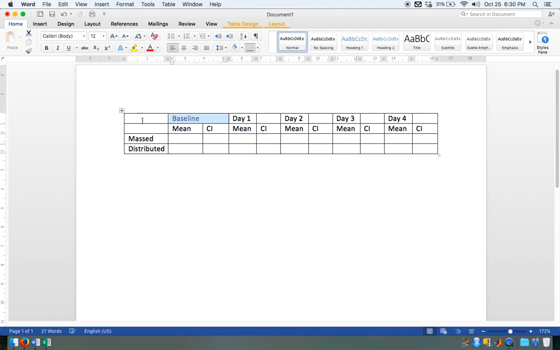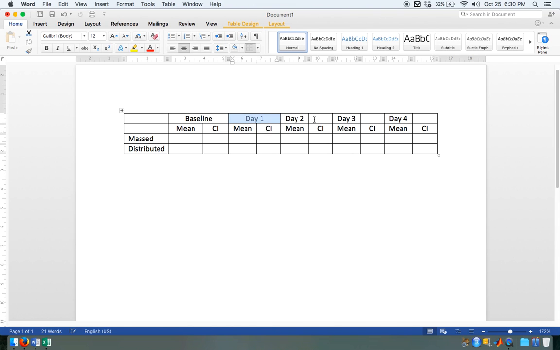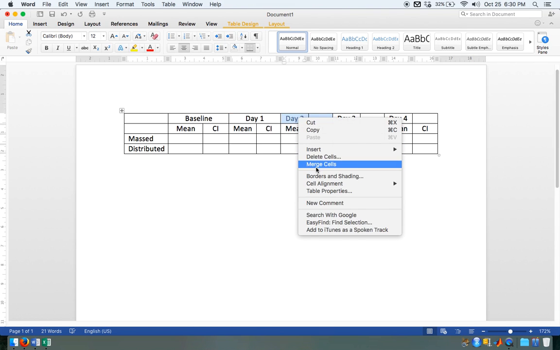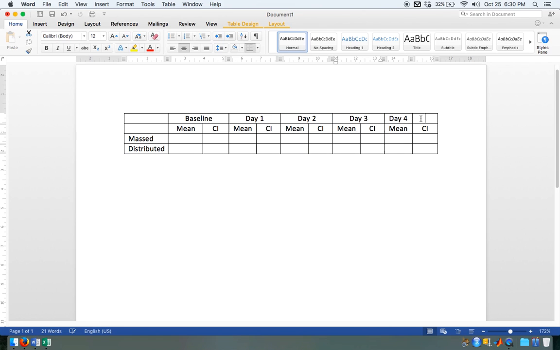Then I'm going to center all of it. So I'm going to also merge cells here, merge cells there, merge cells there. There we go. So now you see baselines here, day 1's here, day 2's there, 3 and 4.